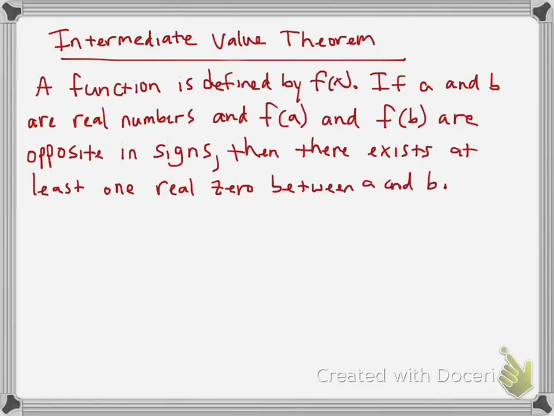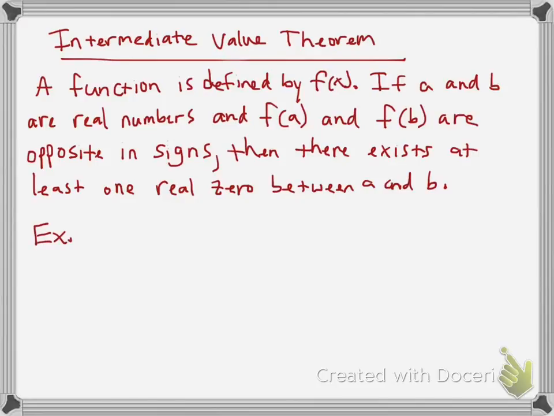I'll show you how this works in an example. But basically it's saying you got these two x values. When you plug in these two x values, you look at your y values. Did your y values change signs? Well, if they change signs, negative to positive, you went through zero. A zero exists, and at least one. There could be multiple, there could be more. You never know, your zeros could be really, really tightly compacted, but there's going to be at least one of them.